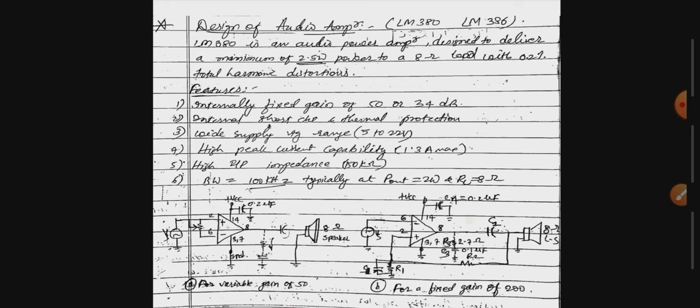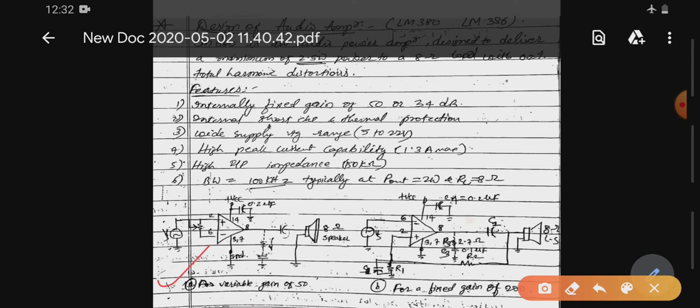Here we can see the circuit diagram of audio power amplifier using IC LM380. There are two circuit diagrams. The first one is the circuit diagram for a fixed gain of 50. The gain of this IC is internally fixed at 50, or in dB, 34 dB.